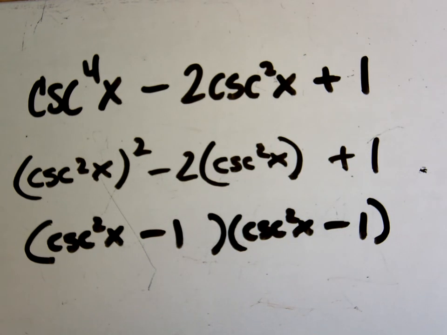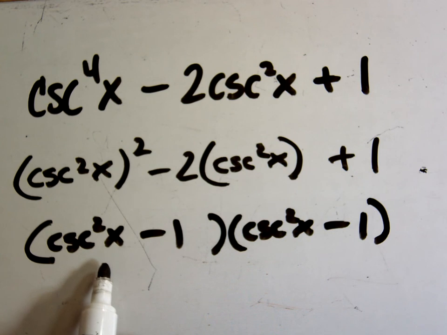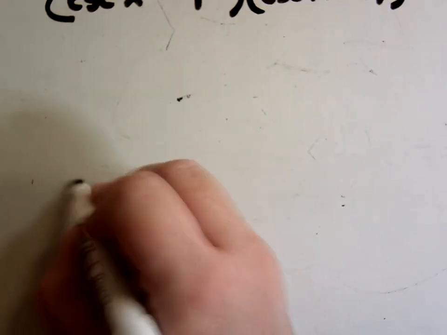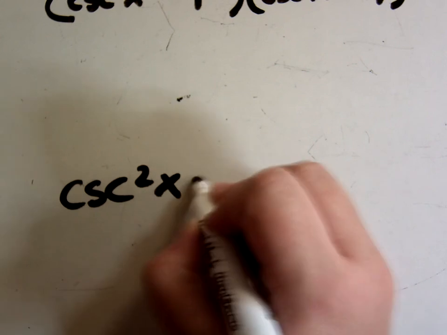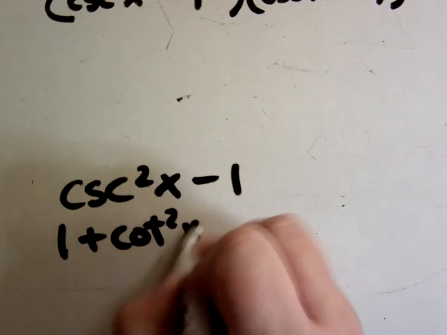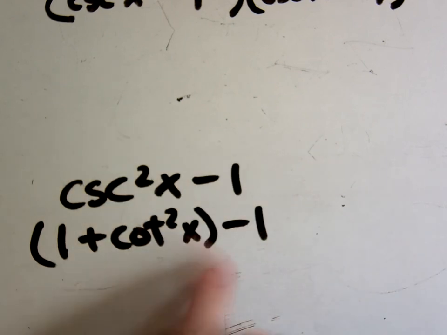In number 43 in our textbook, once we have factored it, we can use the Pythagorean identity that says 1 plus cotangent squared equals cosecant squared. So cosecant squared minus 1 is 1 plus cotangent squared minus 1, which gives me just the plain cotangent squared.